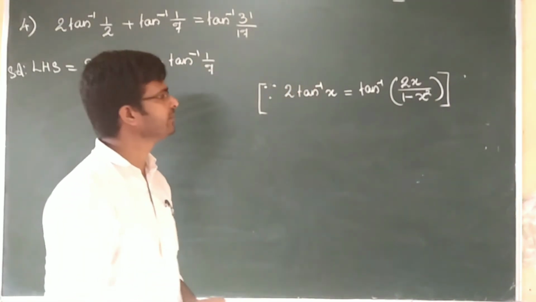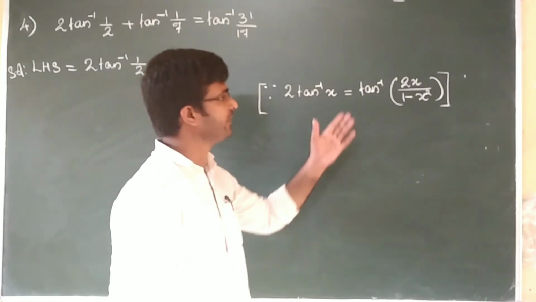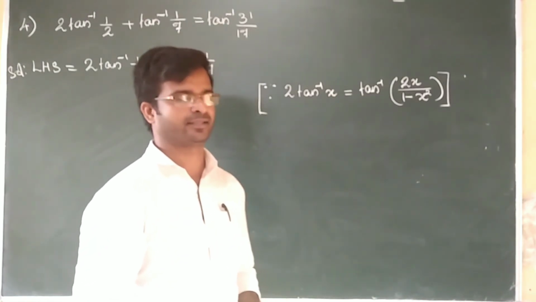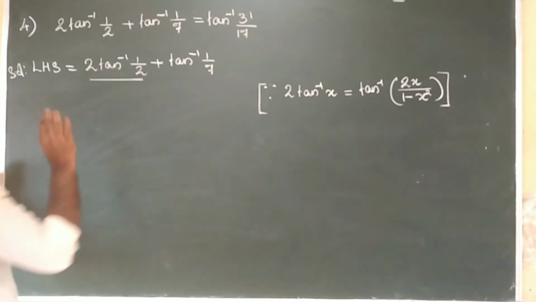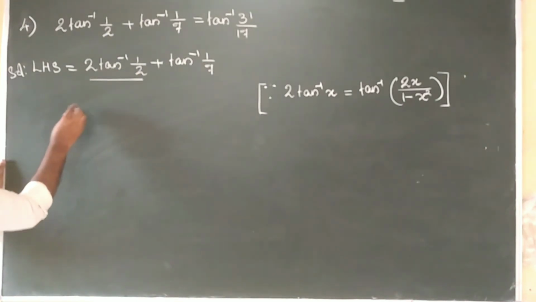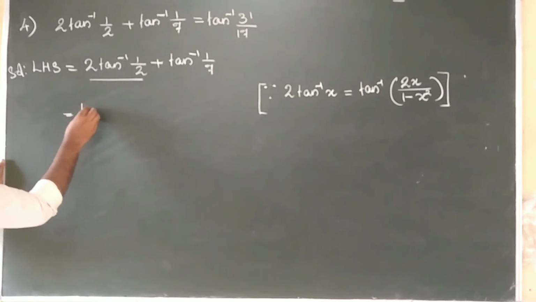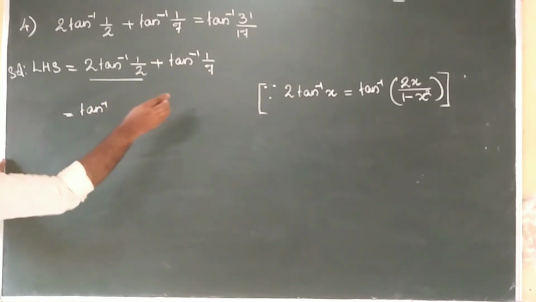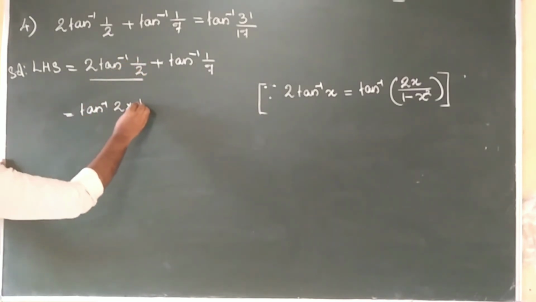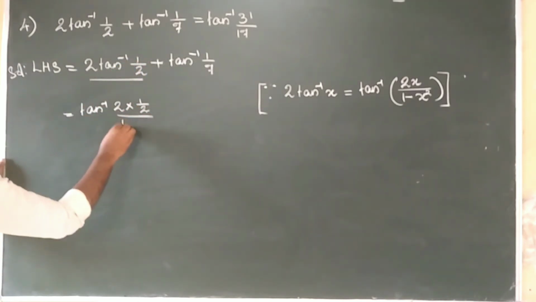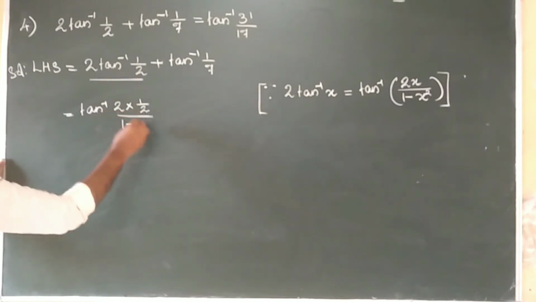This is property number 6: 2 tan inverse x equals tan inverse 2x divided by 1 minus x square. This property we will use first. That means in the first term, write tan inverse 2 into x; x means 1 by 2. 1 by 2 divided by 1 minus x square, where x square is 1 by 2 square.